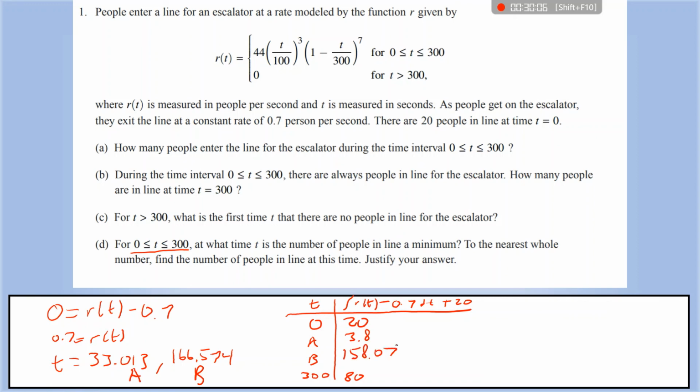Taking a look at this, where is the number of people at a minimum? At point A, at the 3.8. So at time t equals A, we are at a minimum.